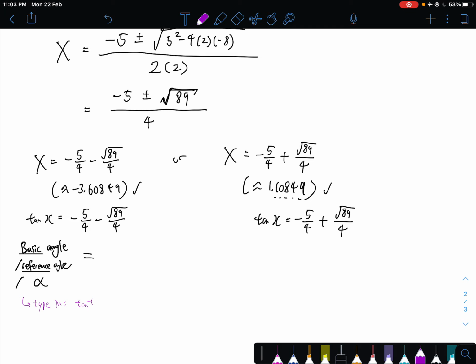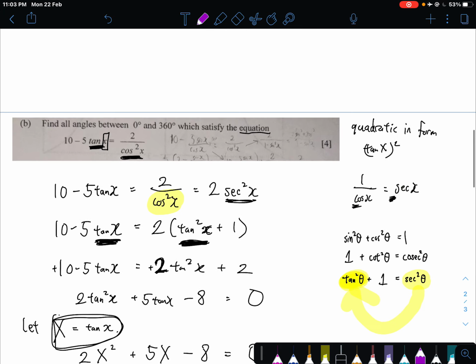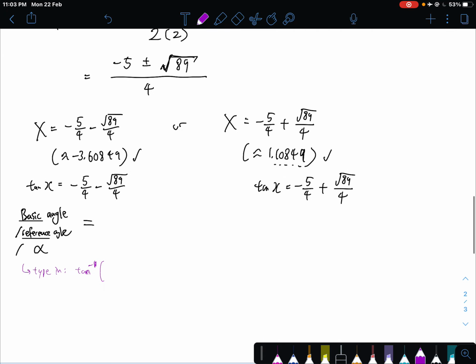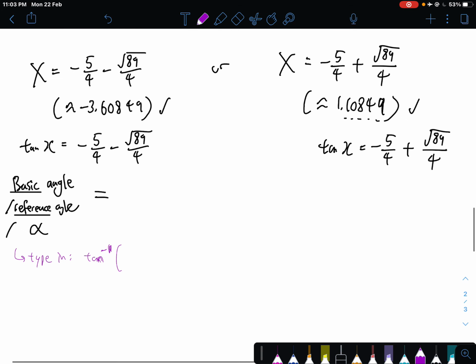What do you want to type after tangent inverse? Make sure that you are in radian mode, by the way. Actually no, sorry, make sure you're in degree mode, because the question required you to answer in degrees. So we'll try to get an answer in degrees straight away. Make sure you're in degree mode.